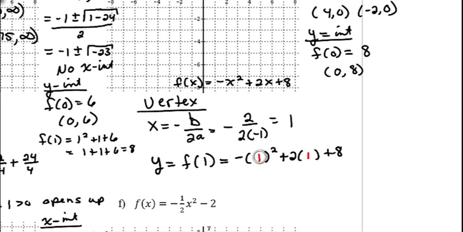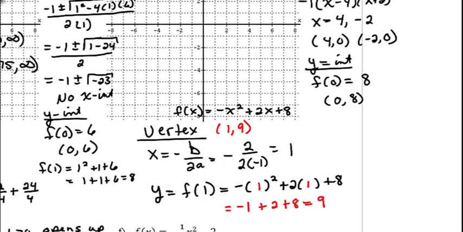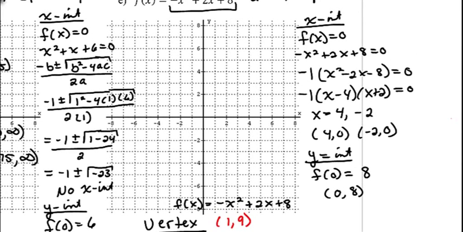So this is positive 1 when we square the 1, but then negative because of this negative sign here. So we get negative 1 plus 2 plus 8. And that gives us 10 minus 1, which is 9. So our vertex is at the point 1, 9. Now we'll put all this information onto our graph.